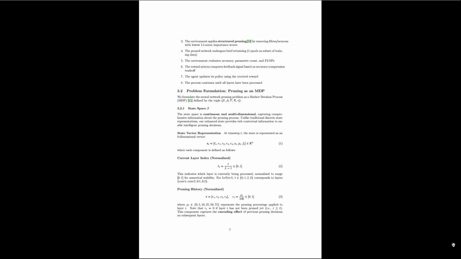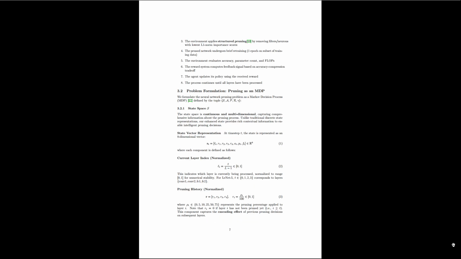Our state vector has 8 dimensions: the current layer index, pruning history, current model performance, current compression ratio, state space properties, initial state, and terminal state. All these 8 components will be stored in a vector, which is the state.